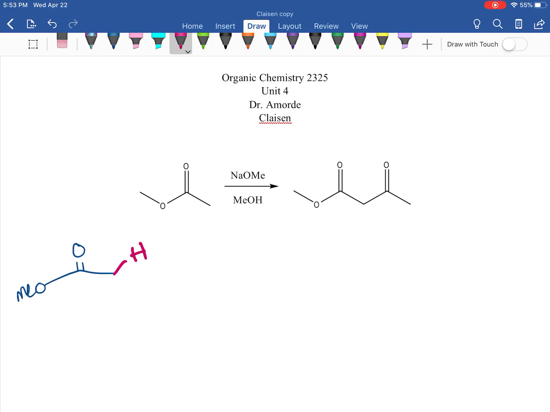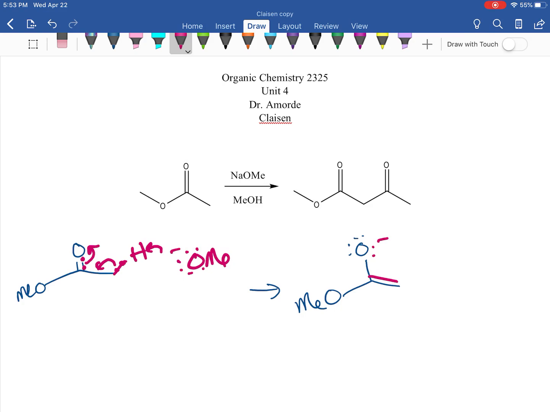So we're matching. Now we've got 2 places we can react, but what's going to happen first, or productive at least? It could happen in any order, but with our sodium methoxide, we can generate an enolate with an ester. So with these, you can't just heat them.